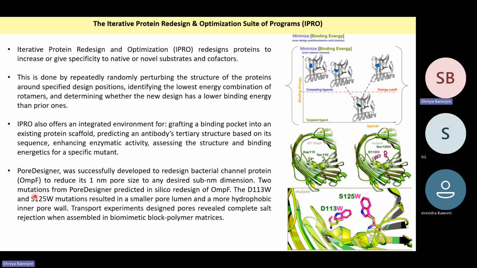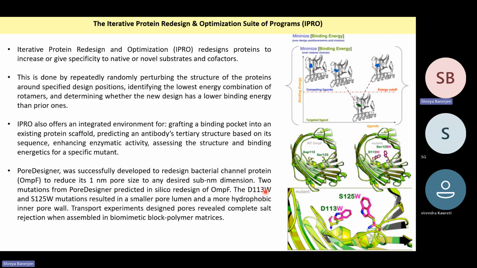One of the programs of IPRO is also called Pore Designer, which was successfully developed to redesign bacterial channel proteins. So channel proteins basically are found in bacterial membranes, which allow substances to enter or leave the cell. Initially the protein had pores of 1 nanometer size, but the protein can be redesigned in any way to reduce or increase the pore size.